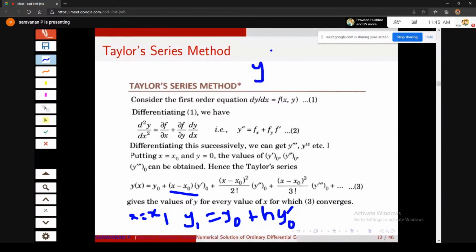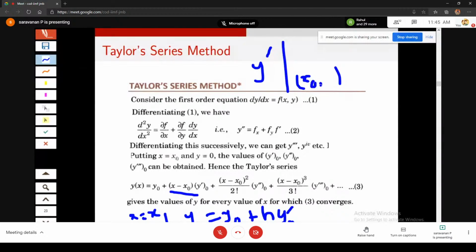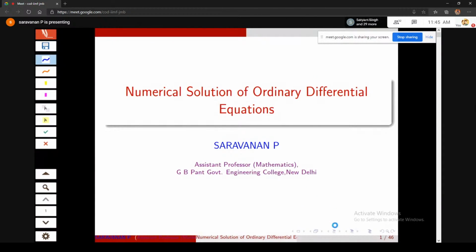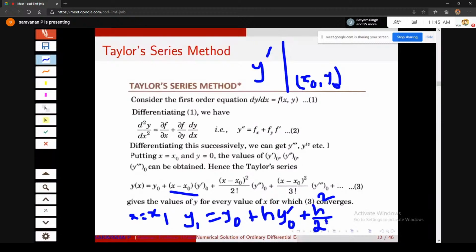The value of y prime at x0 comma y0. Okay. Then similarly here, what you will get? x1 minus x0, so it is h square by 2 factorial. You will get y0 double prime.